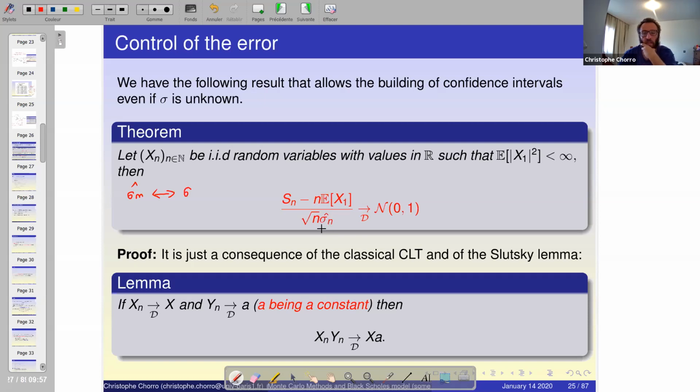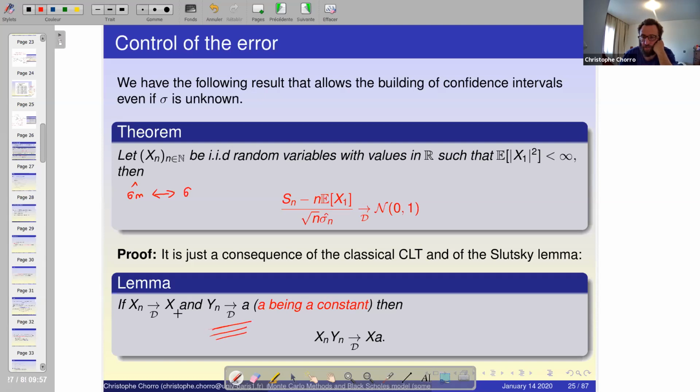And the trick that allows to have this is a so-called lemma in probability, what we call the Slutsky lemma, that tells you that if you have a sequence that converges in distribution, and another one that converges in distribution toward a constant, then the product converges in distribution toward the product, with a strong assumption that is this one.